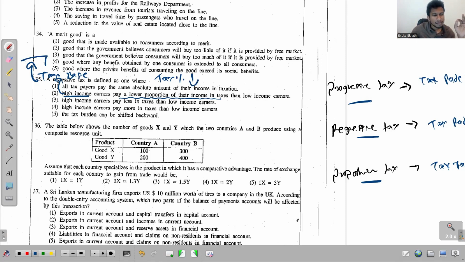Okay, see. Tax base is high, tax rate is low, then lower income earners. See, that is exactly what we discussed in our example as well. එහෙනම් answer for this question 35 is the second one, but we will go through the other options as well.